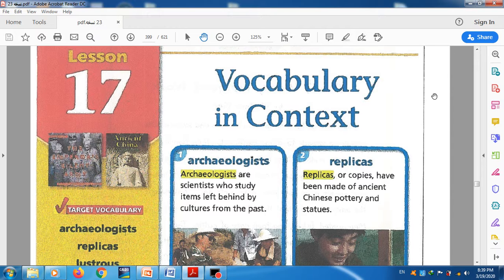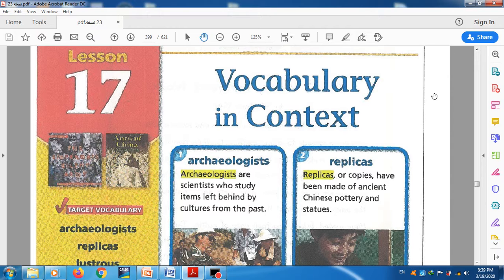Then as usual we're gonna move to the reading skill of the lesson, and apply it on the two texts in the practice book.